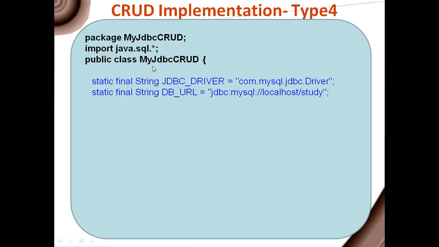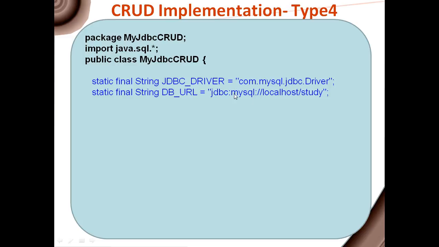In public class my JDBC CRUD, we have defined the JDBC driver. This is a final string for the JDBC driver, which I told you we will require for loading the driver. com.mysql.jdbc.Driver is the string. It is static final because you are not going to change it. Then there is the URL for the database, which can change as per your setup.